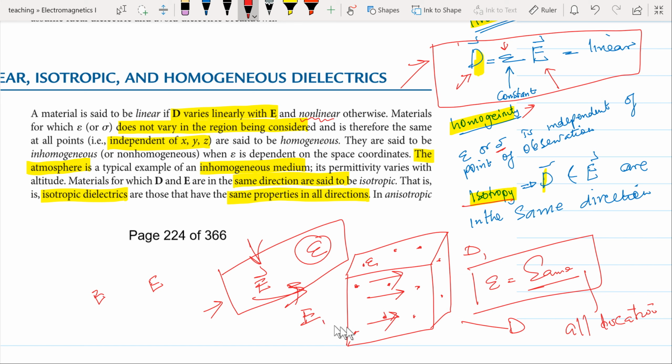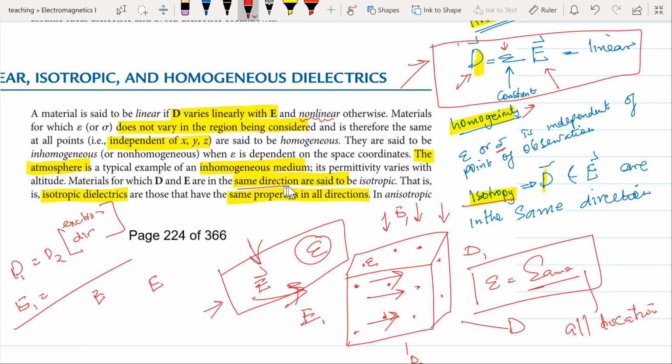You apply E in another direction, say from downwards going up, and you find that D passing through the material is equal to D2. If D1 is equal to D2, except in terms of direction, then we say that the material is isotropic, and therefore it is independent of direction.